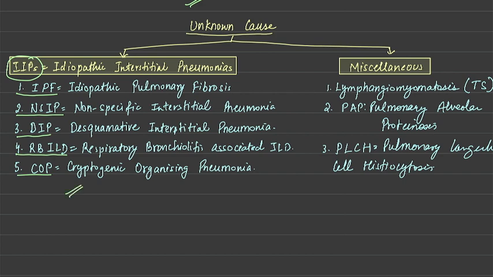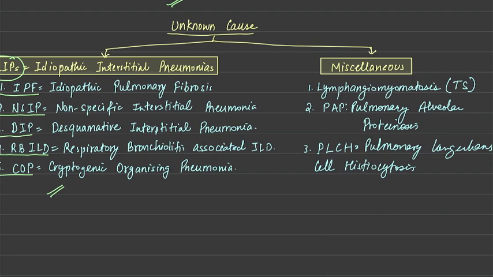Now there are some miscellaneous causes. Obviously, we do not know why these occur either, but we have some miscellaneous causes like lymphangioleiomyomatosis, or we can call it lymphangiomyomatosis. These are seen in tuberous sclerosis. Second is pulmonary alveolar proteinosis.